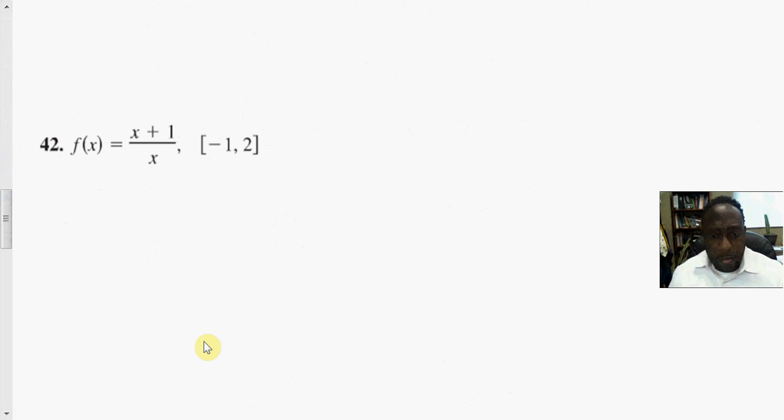So, we come here. Is f continuous on the interval from -1 to 2?